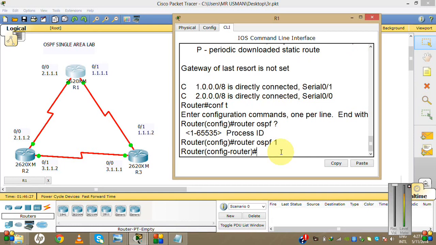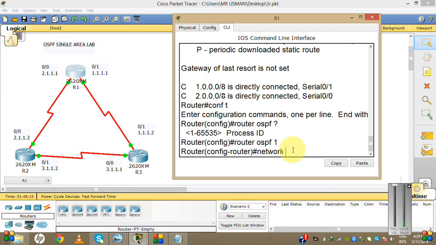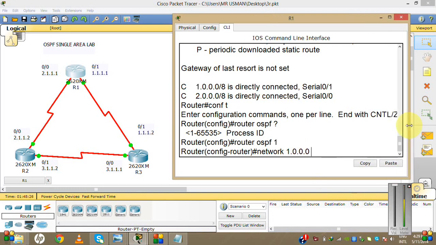Now network, I'm going to advertise the network. I'm going to advertise the directly connected networks. So it's a directly connected network, 1.0.0.0, and I'll put here the wildcard mask, as I discussed in my previous lecture.